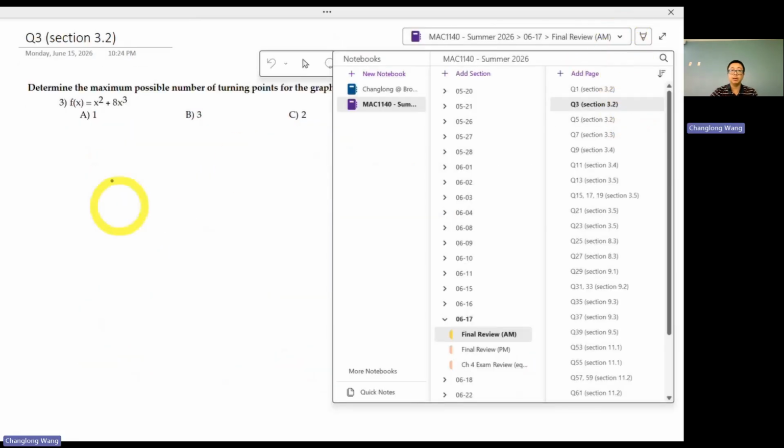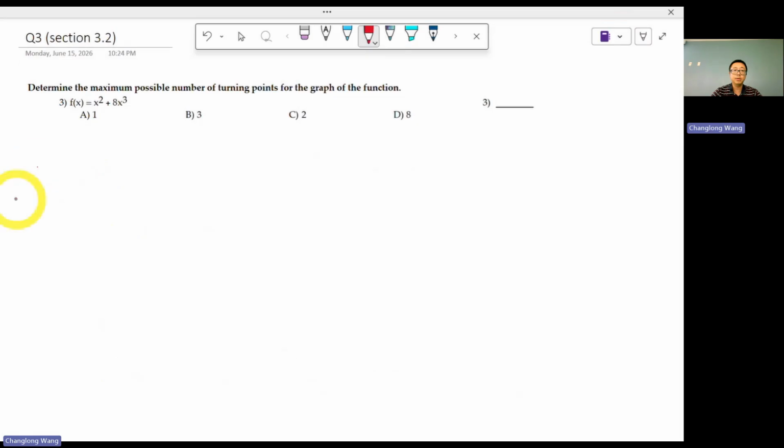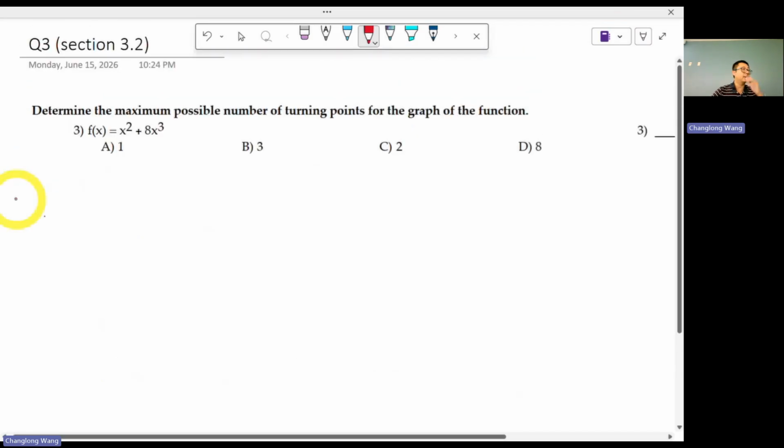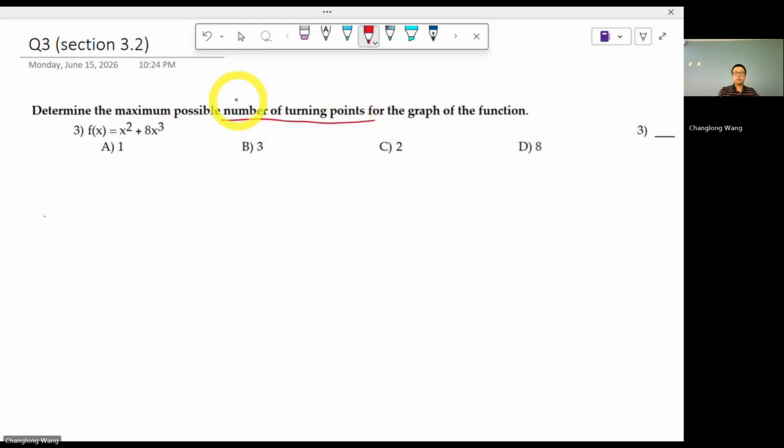That means now if you're looking at question number 3, knowing the fact that the number of turning points is the same as degree minus 1. But you have to tell the degree properly. I might not show you a polynomial in terms of those terms. It might be factored like you saw in the first question.